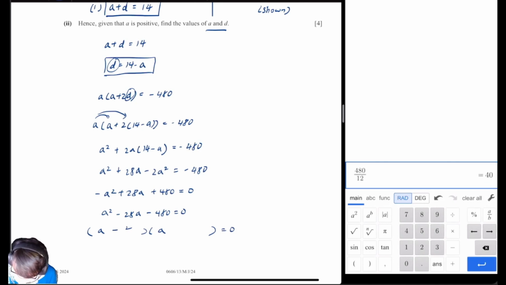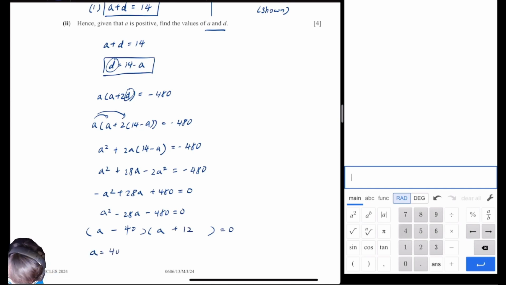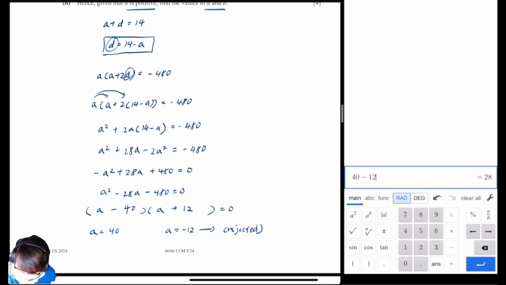So 40 plus 12. Wait, let me double confirm, 40 minus 12, is it? Yep, a is equal to 40, or a is equal to minus 12. So you're going to reject negative 12 because a is positive. Now, given that d is equal to 14 minus a, d will be 14 minus 40.